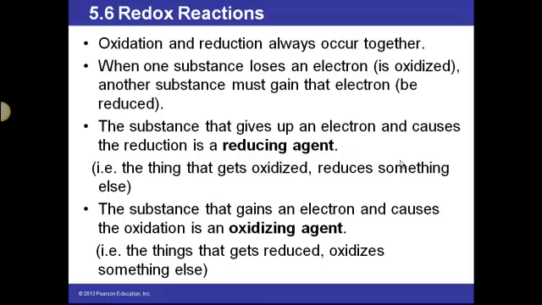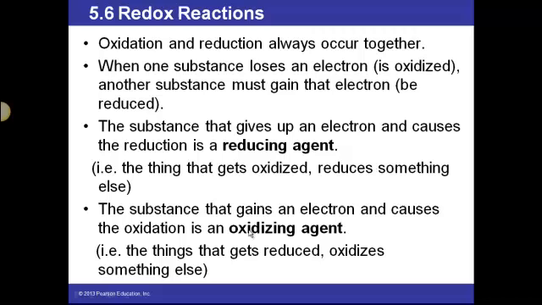If you lose an electron, you're oxidized. And it causes the reduction of something else. It can be called a reducing agent. So a reducing agent is something that will reduce something else, and so it's going to give an electron to something else. So the thing that gets oxidized reduces something else and is called a reducing agent.